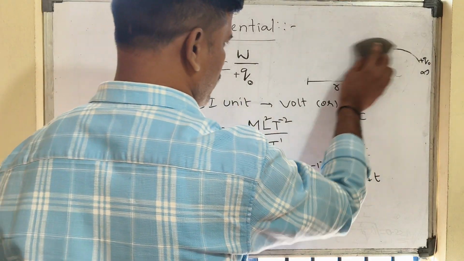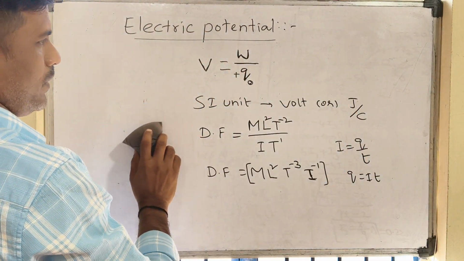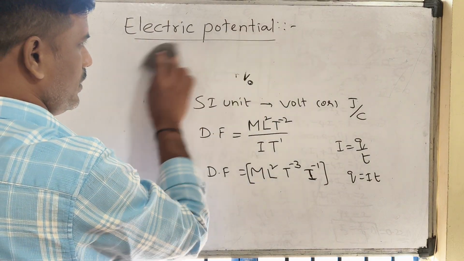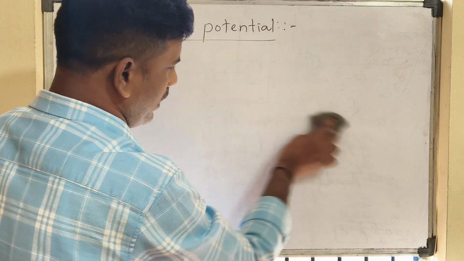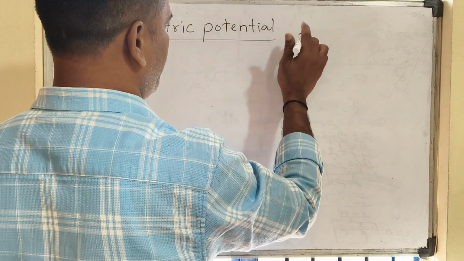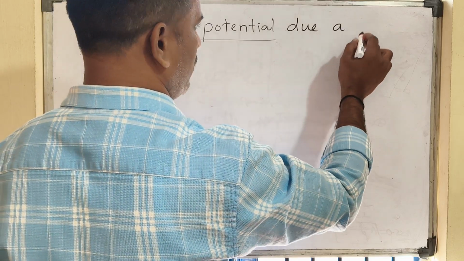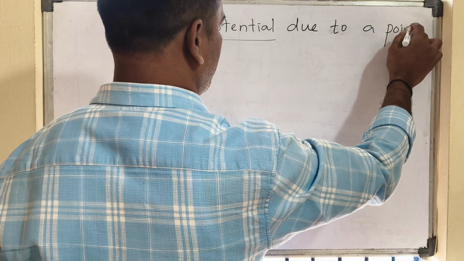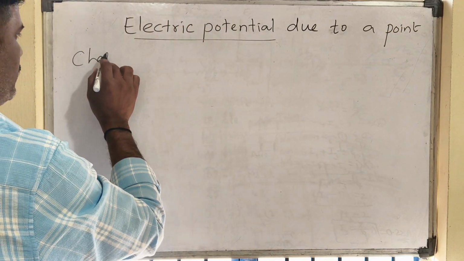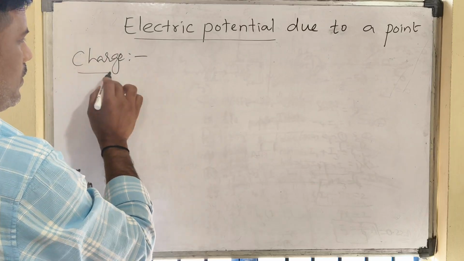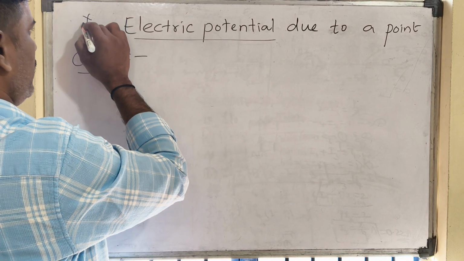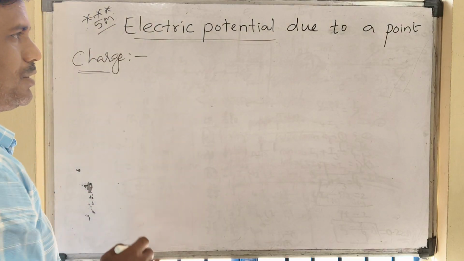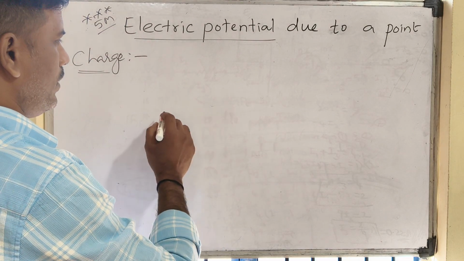I will explain this definition later. Observe, it is important. The next question is electric potential due to a point charge.